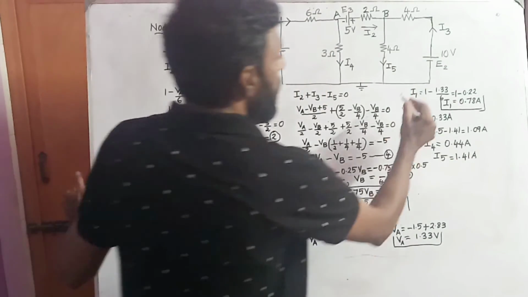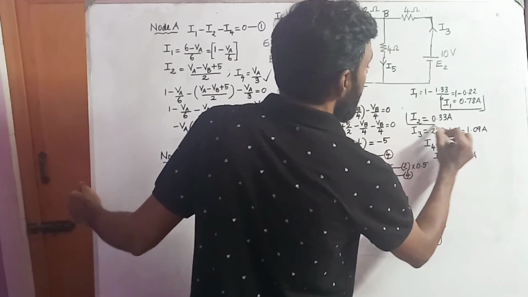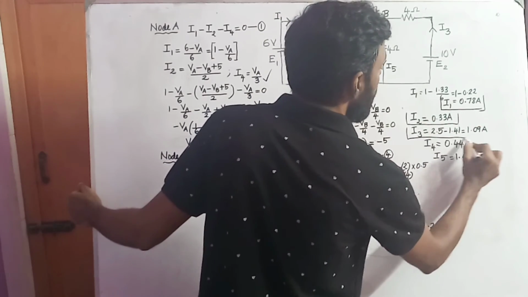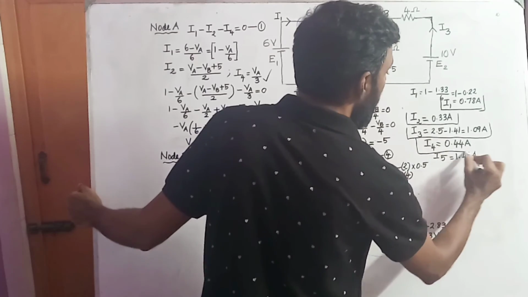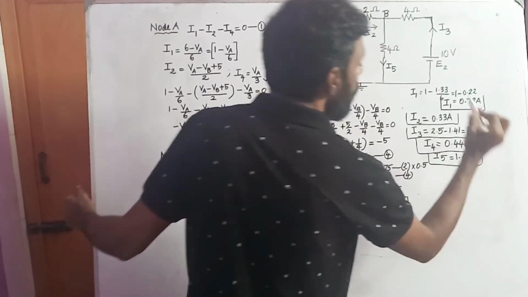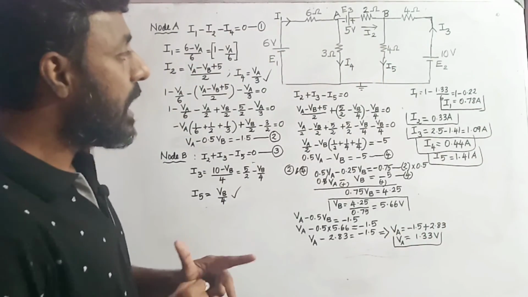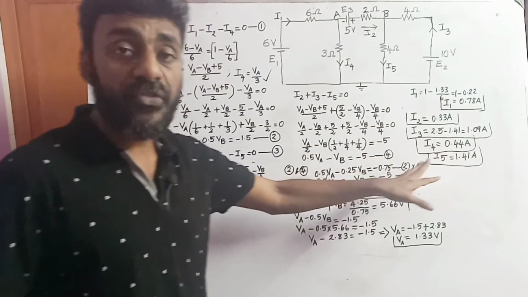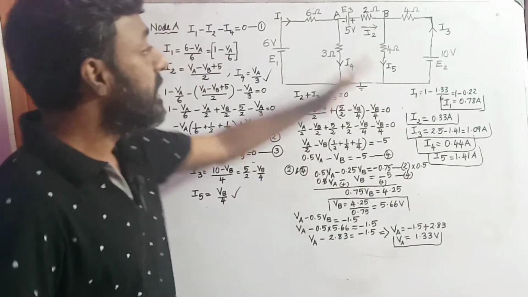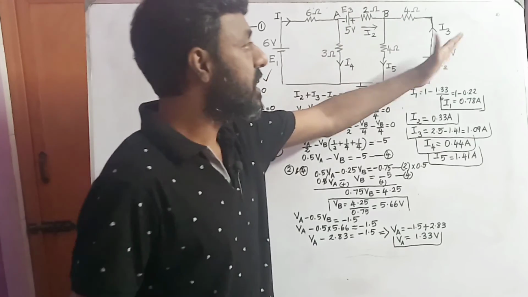So we have got the value of I1, I2, I3, I4 as well as I5. These are called branch currents, and they are asking for the value of these branch currents separately.